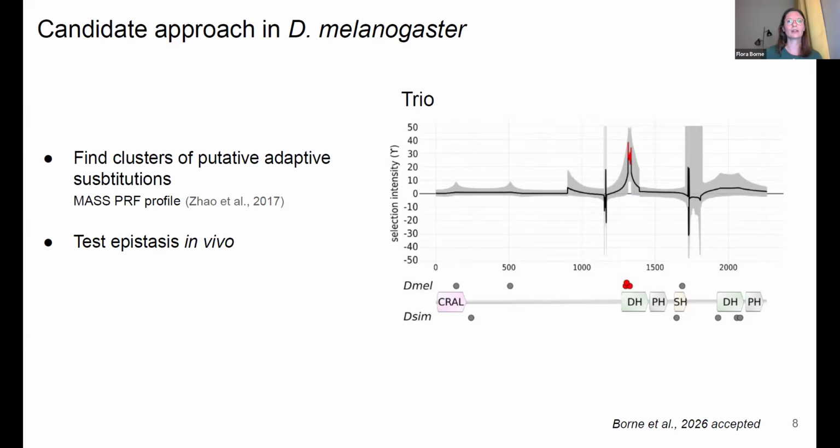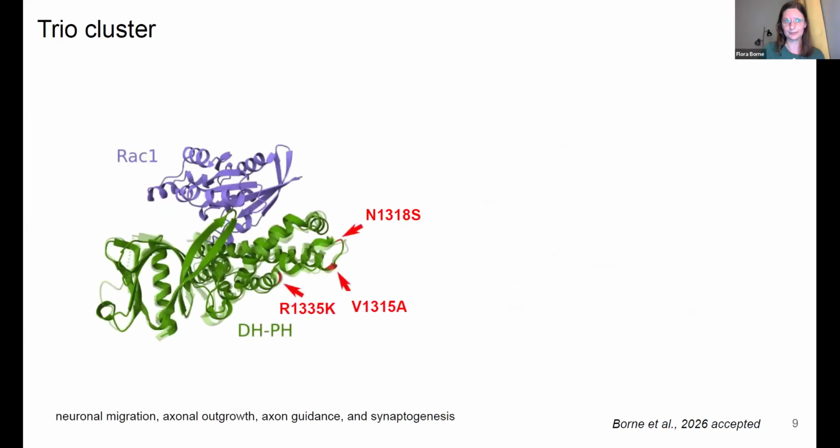And so the second thing we wanted to do is to test epistasis in vivo. And so we decided to go for one candidate because it's a lot of work to do in vivo experiments. We decided to choose Trio because it's a Rho guanine exchange factor that is really essential for a lot of signaling pathways, and especially for neural function.